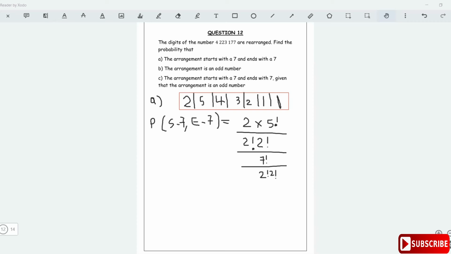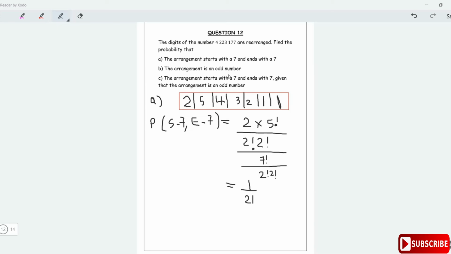Close up that bracket, and it's all being divided by 7 factorial over 2 factorial times 2 factorial. We close up that. That's 1 over 21. That's the probability of getting it to start with 7 and end with 7. 1 over 21. So there's a slim chance it will start with 7 and end with 7.